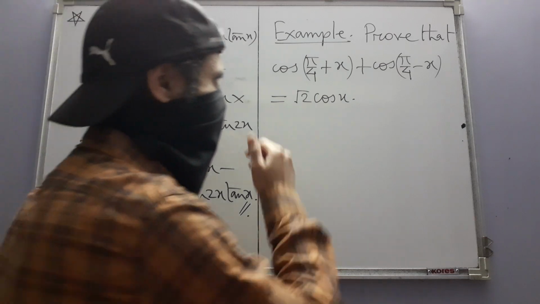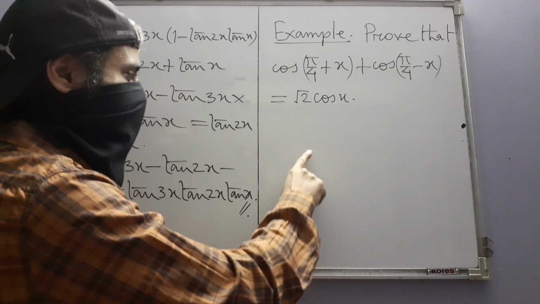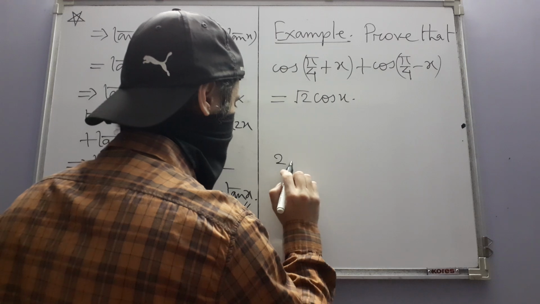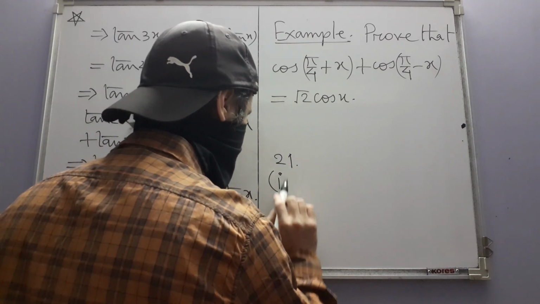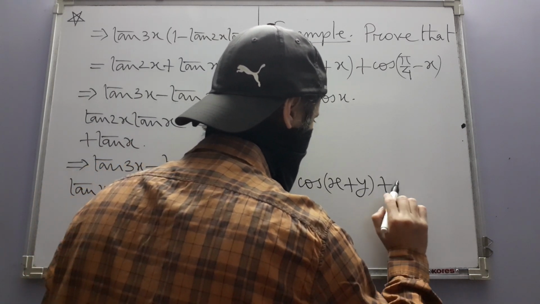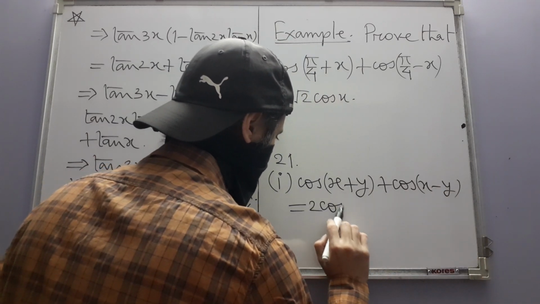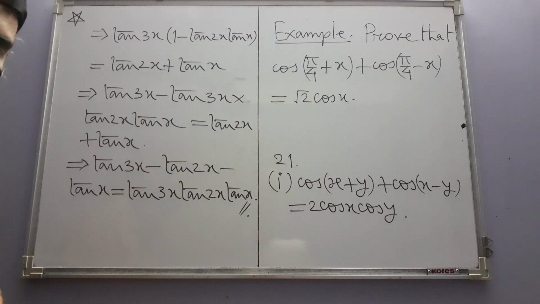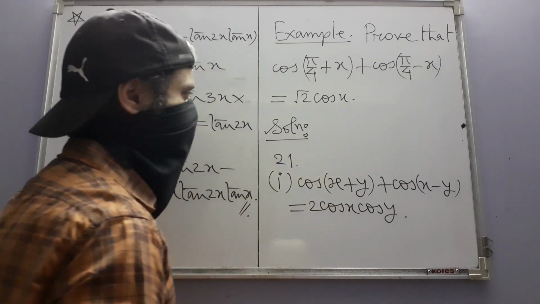Or in fact, actually there is a third way also. You recall the identities from 21. There, the first identity itself is what we need here. So if we do that, that's the quickest way.